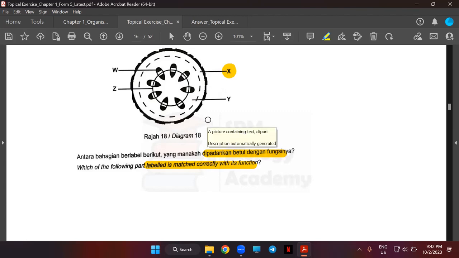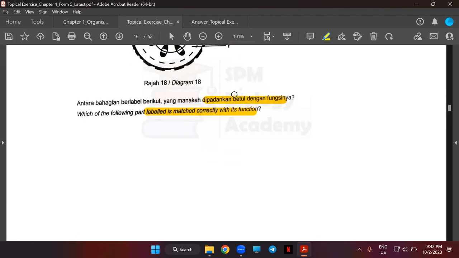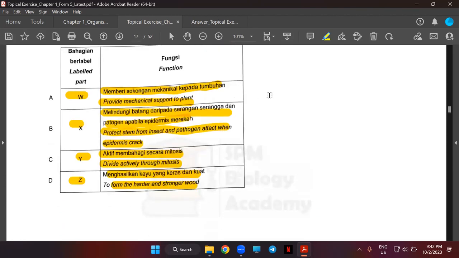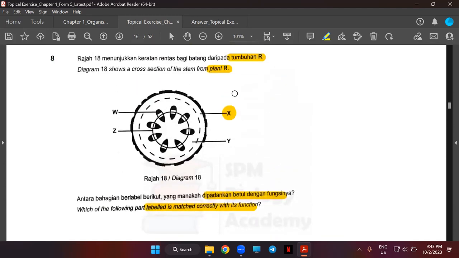So that's why we don't go for X. Kalau dia betul-betul di bawah epidermis, just under the bark, then it should be okay. Tapi saya tengok labeling dia agak lebih daripada below the epidermis. Z menghasilkan kayu yang keras dan kuat because dia menghasilkan secondary xylem apabila dia melakukan mitosis, divide, when it divides.